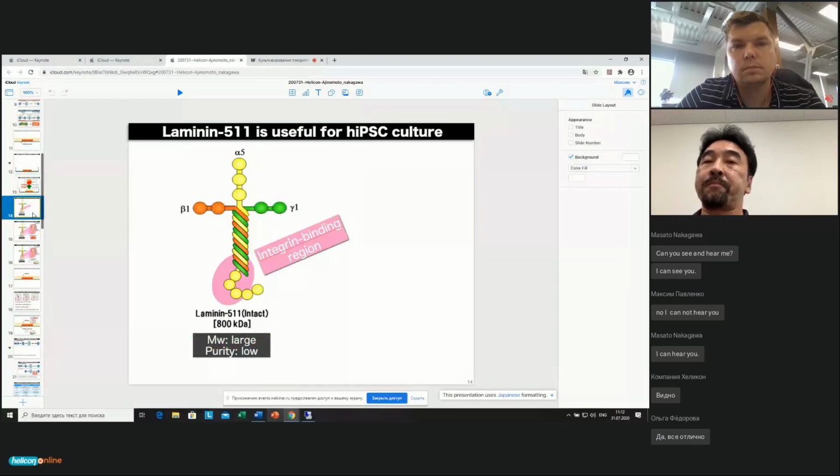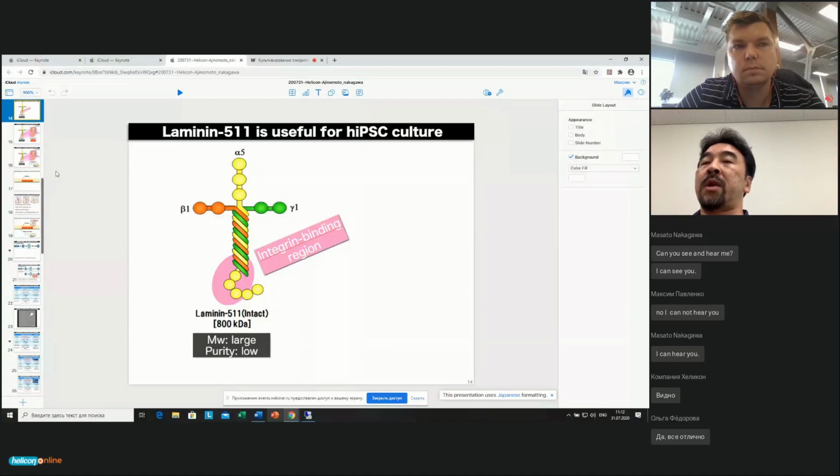So we decided to confirm the function of this laminin 511. This is the structure of the intact full-length laminin 511. Laminin 511 is composed of three polypeptide chains: alpha, beta, and gamma chains. As you can see, laminin 511 has a very large molecular weight, about 800 kilodaltons.